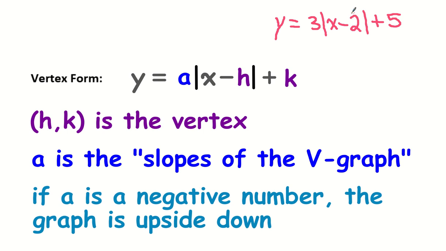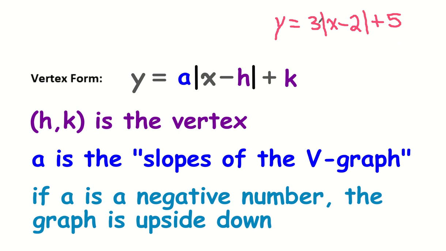But because of this -2 and this +5, your vertex shifts right 2 and up 5. So you'd put your vertex at 2, 5.